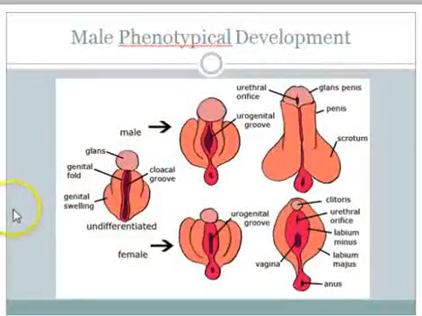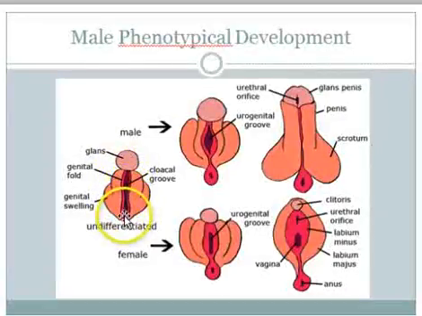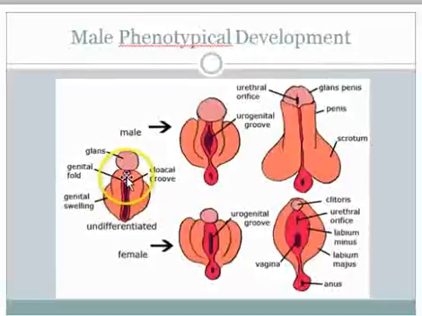So you can see in this image here, we start with an undifferentiated fetus as far as their genitalia goes, and we have our glands, and then we can see the genital fold here, and then the groove would be that empty space. And the glands pretty much are running also in the inner portion here that we can't see, kind of in the abyss, if you will.